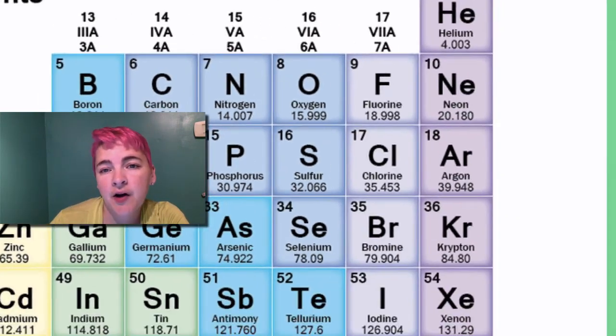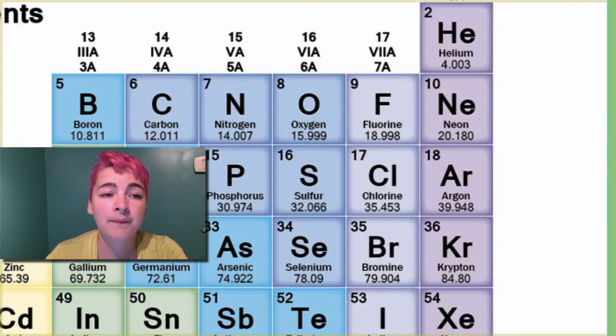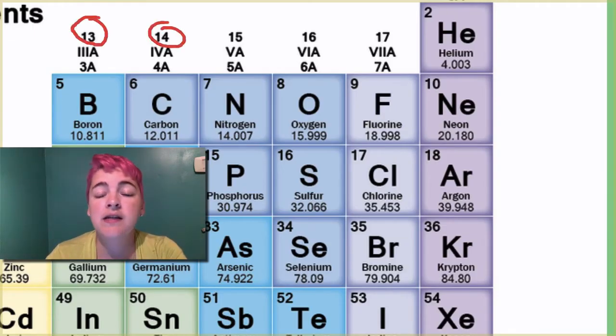When looking at the periodic table, one thing that we need to know for each element is how many valence electrons are available. If you remember, valence electrons are the electrons that form bonds. There's an easy way to tell how many valence electrons there are. If you look at the group number just above the column, here we have 13, 14, 15, 16, 17.